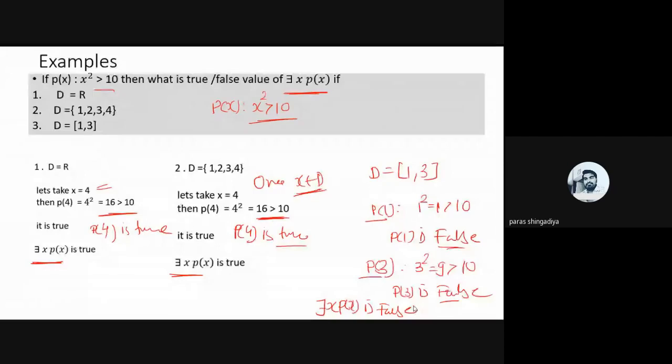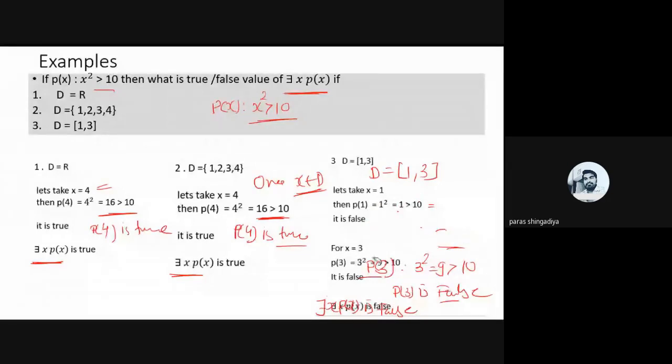That is the simplification of the third case: P of 1 is false, similarly P of 3 is also false, and therefore there exists x, P(x) will be false. This is how you can check the answer of the existential quantifier. So that is example number 1.